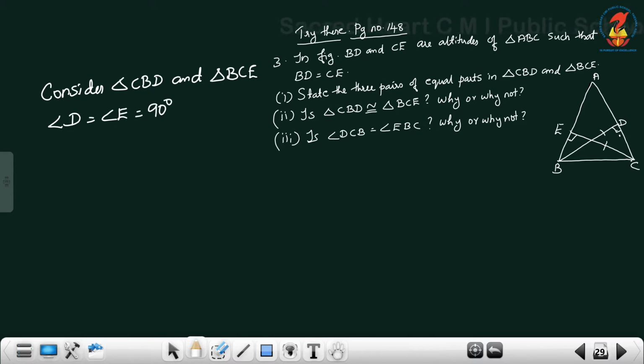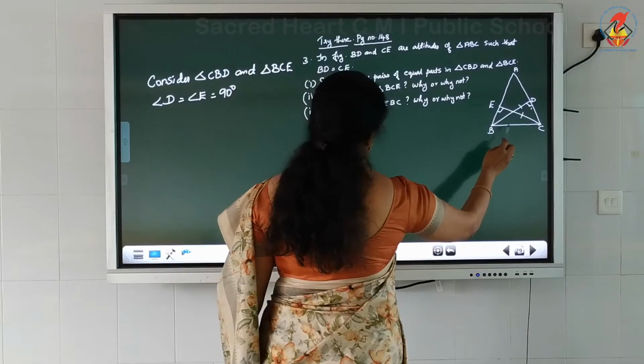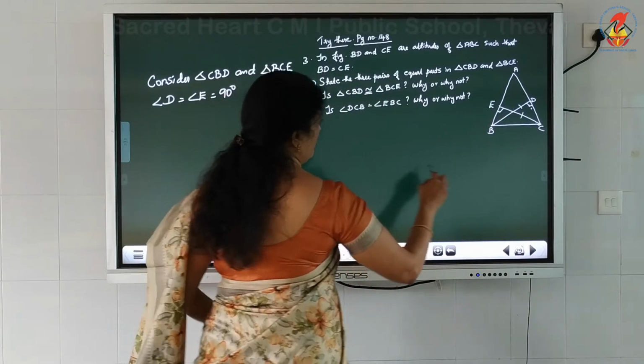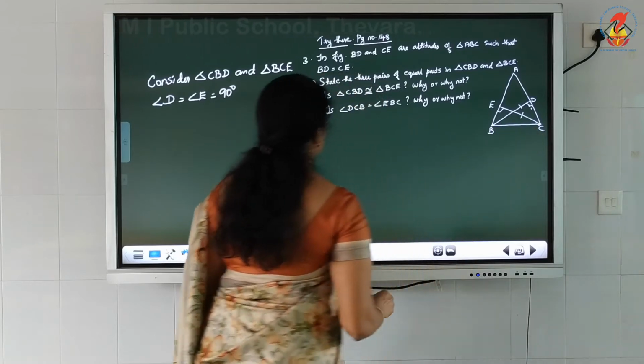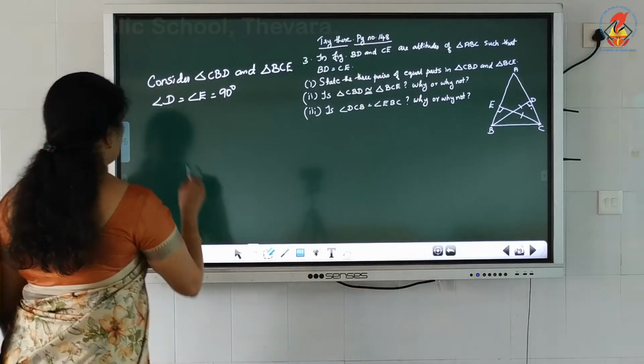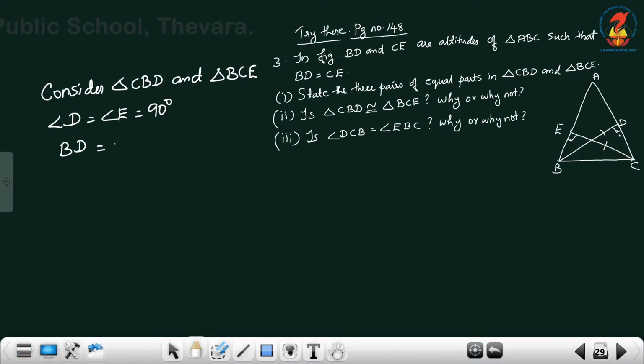Next here, first triangle CBD, BD and CE are equal. Already given that. In the question, already given this information. BD equal to CE.